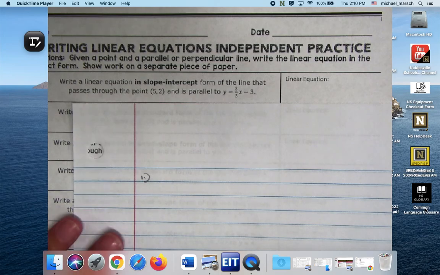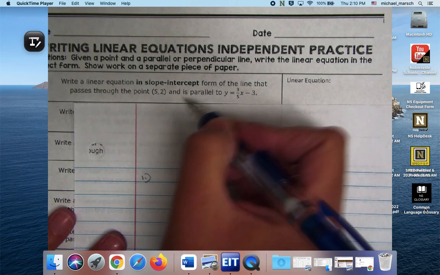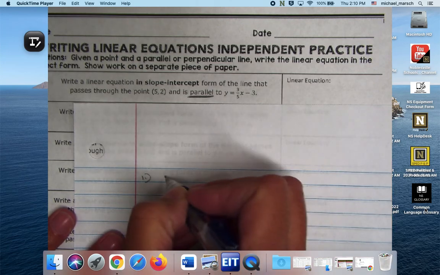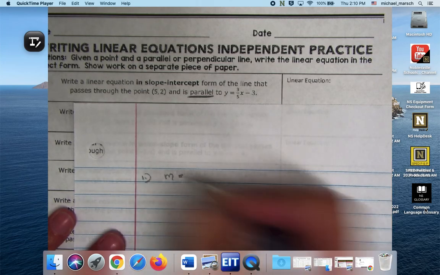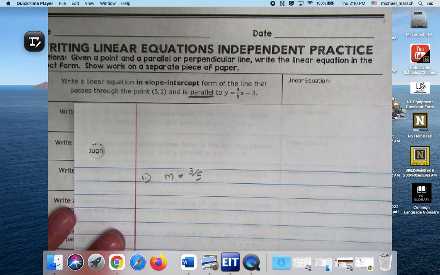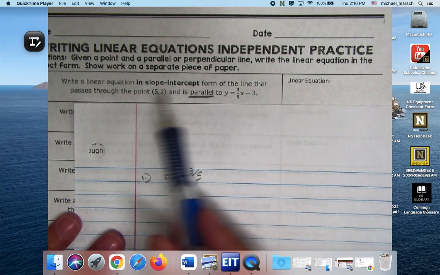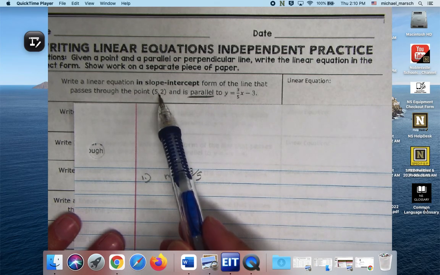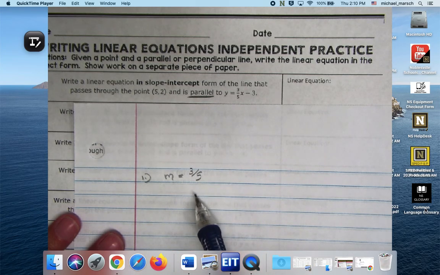So if I want it to be parallel to this line, what will my slope have to be of the new one? The same. Okay. I want to write it in slope-intercept form, but all I have is a point and the slope.